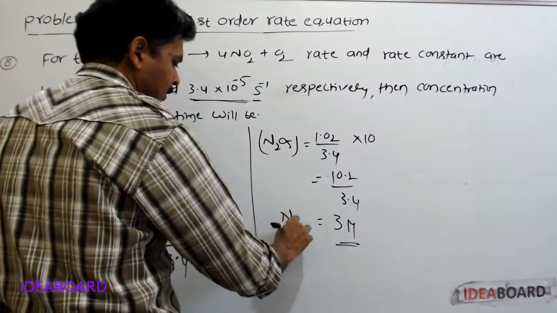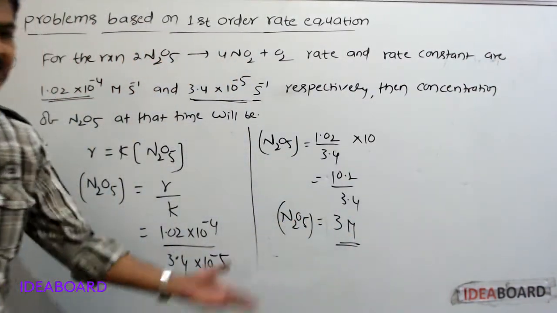Then 3 molar. So at that time N2O5 concentration is 3 molar.